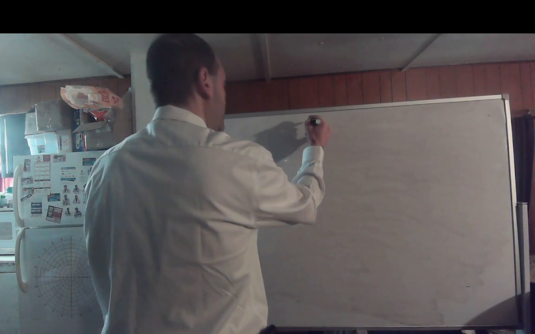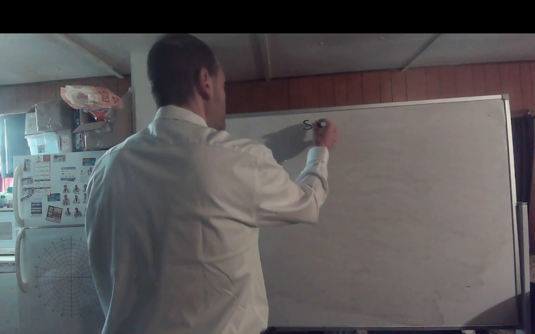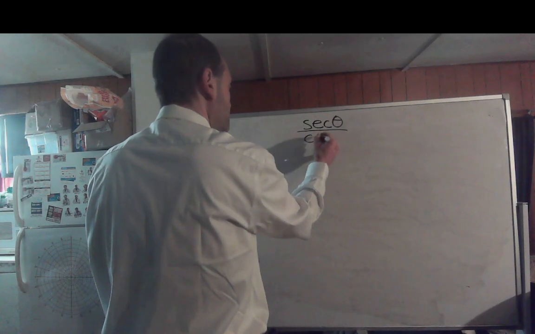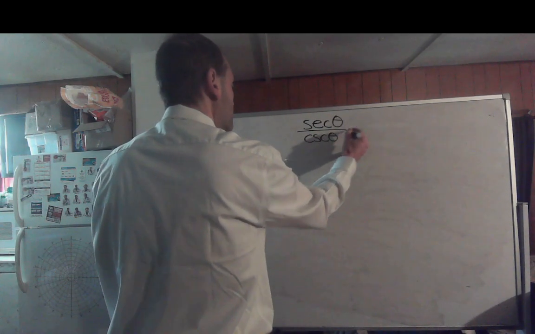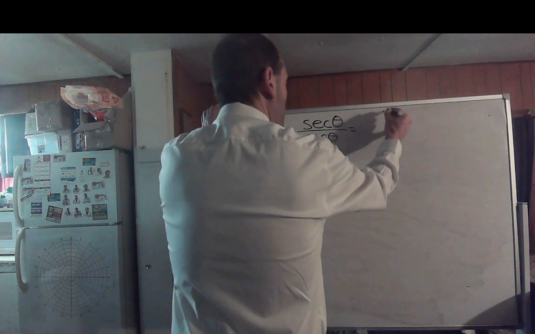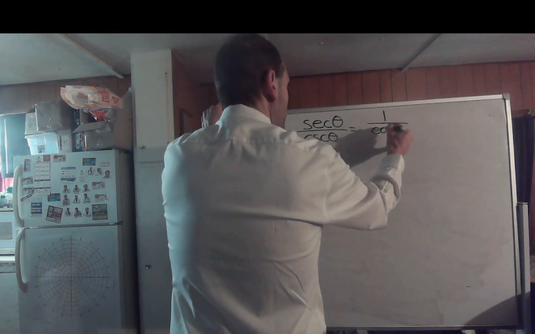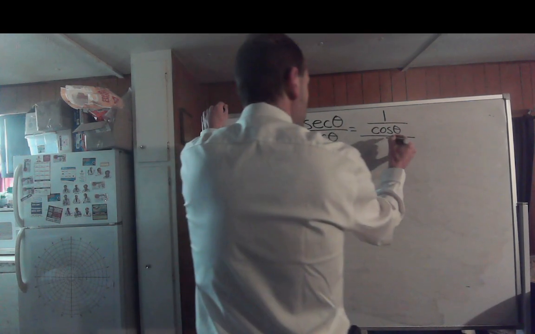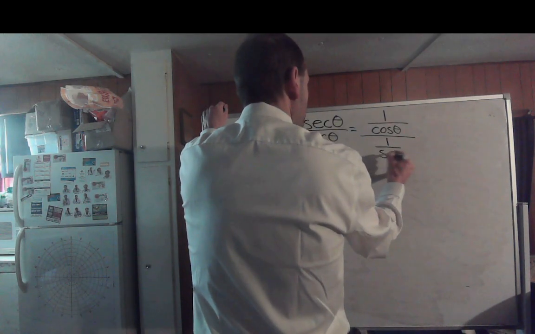Alright, so now we have the secant of theta all over the cosecant of theta. Well, let's see here. The secant is going to end up being 1 over the cosine of theta, all that divided by your cosecant, which is 1 over the sine of theta.